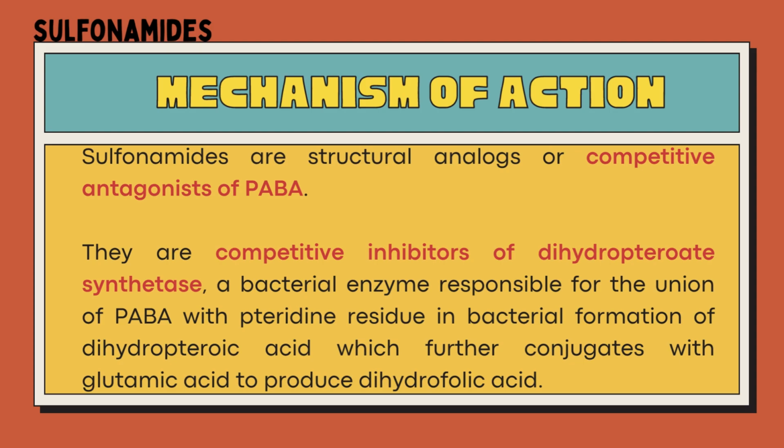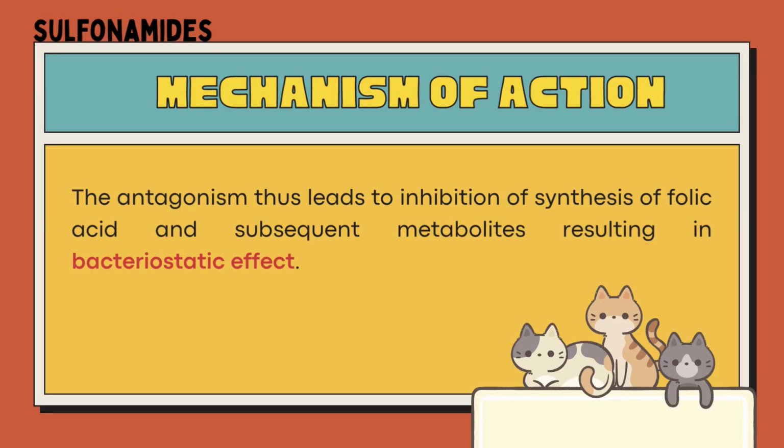They are competitive inhibitors of dihydropteroate synthetase, a bacterial enzyme responsible for the union of PABA with pteridine residue in bacterial formation of dihydropteroic acid, which further conjugates with glutamic acid to produce dihydrofolic acid. Thereby, the antagonism leads to inhibition of synthesis of folic acid and subsequent metabolites, resulting in a bacteriostatic effect.